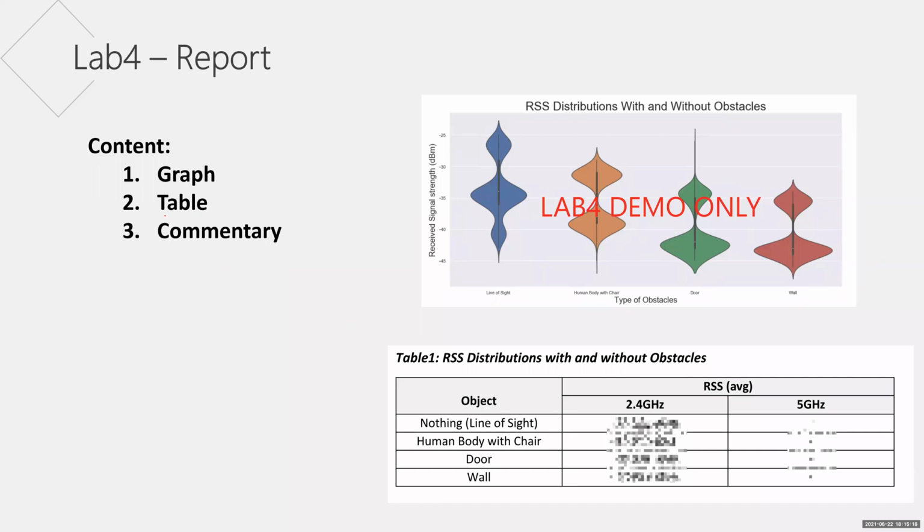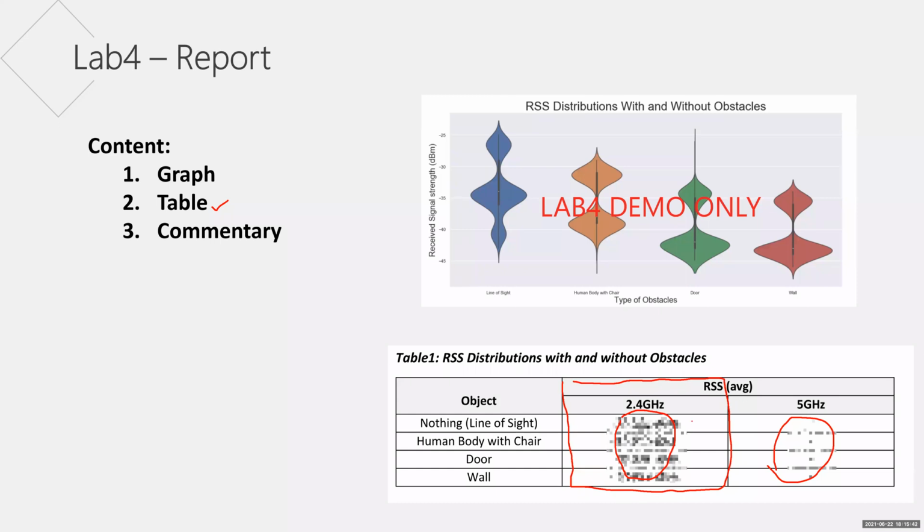And the second one is the table. You may need to draw a table like this and fill your values inside here and here. So this line is mandatory for the 2.4 gigahertz.